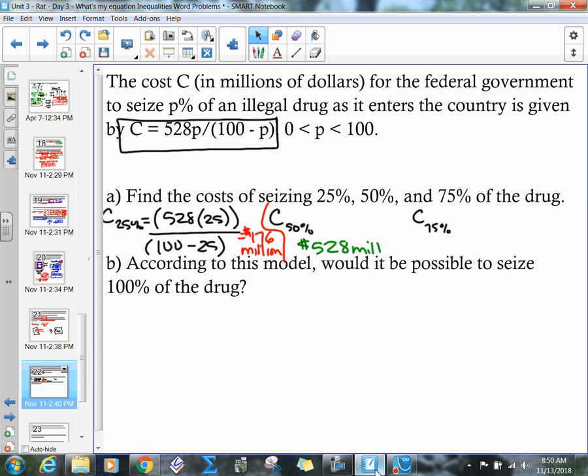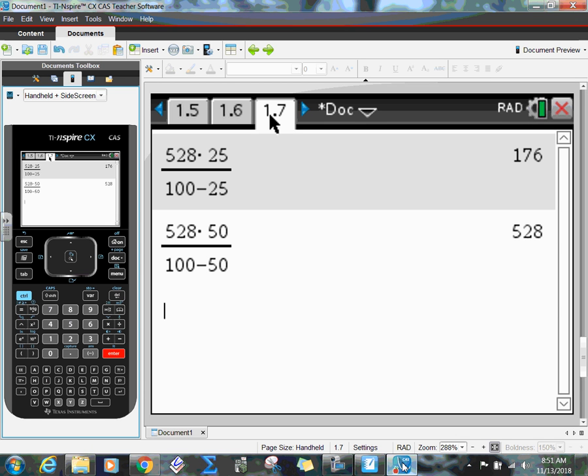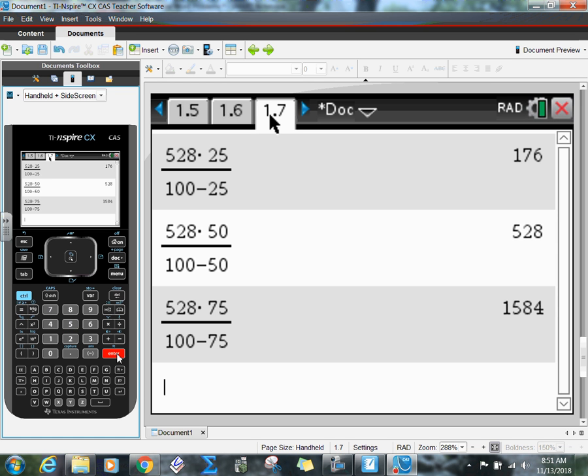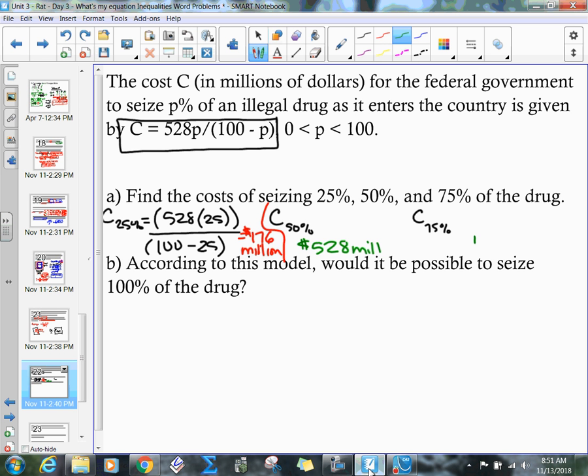And if I try to get 75% of what's coming into the U.S., that is $1,584 million, or over $1 billion. Okay, according to this model, is it possible to get rid of all of the drugs that come in? 100%.